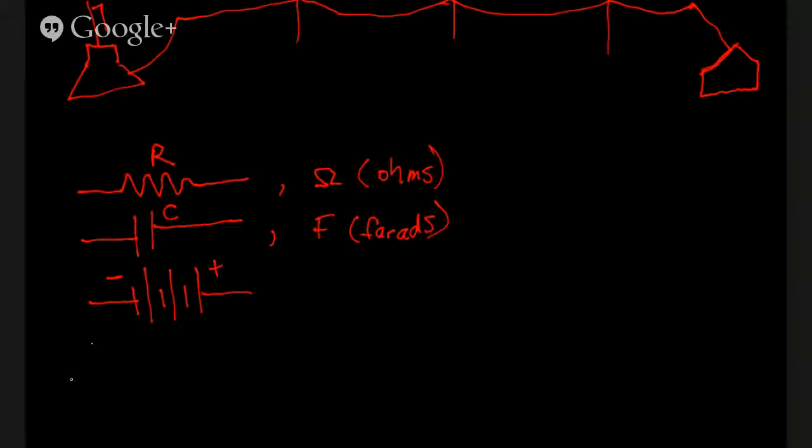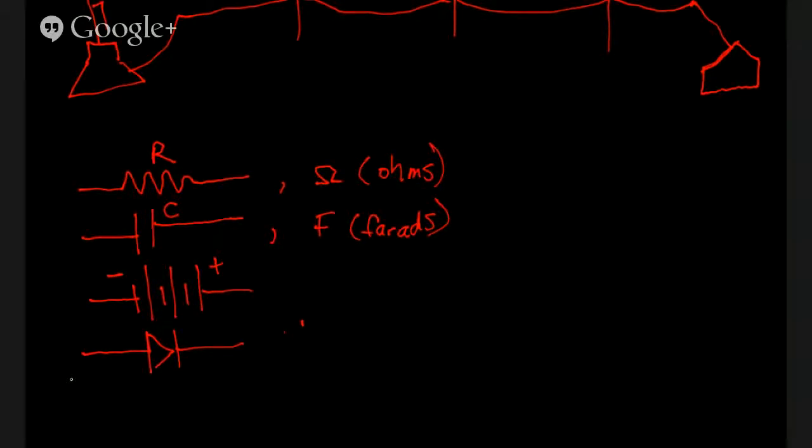Diode. Diodes are important. Diodes are sort of like one-way valves. They only allow electricity to flow from... Why aren't you changing? Here we go.